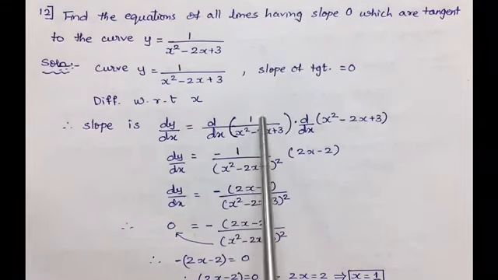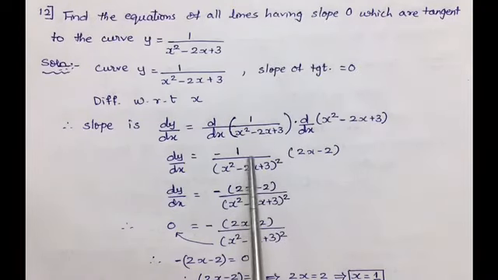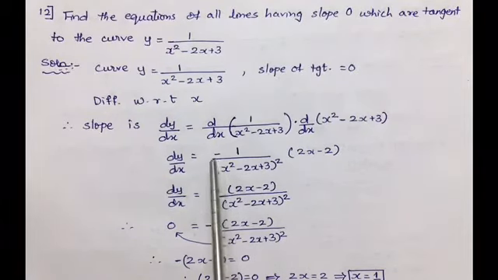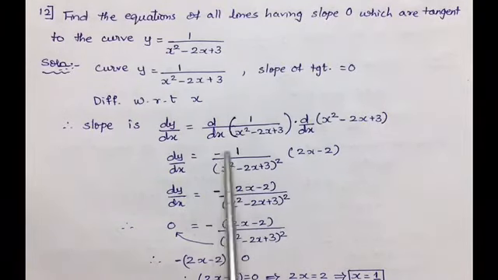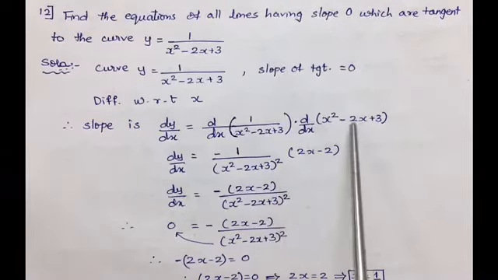So differentiating 1 upon x square minus 2x plus 3, as 1 upon x derivative will become minus 1 upon x square, so it is minus 1 upon (x square minus 2x plus 3) whole square.